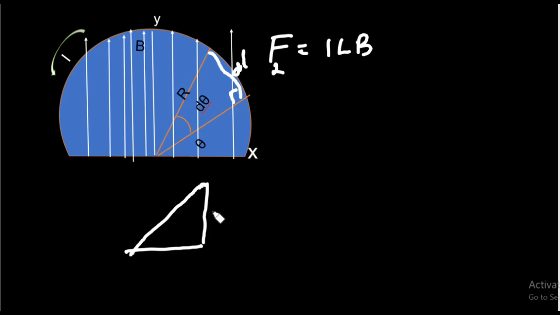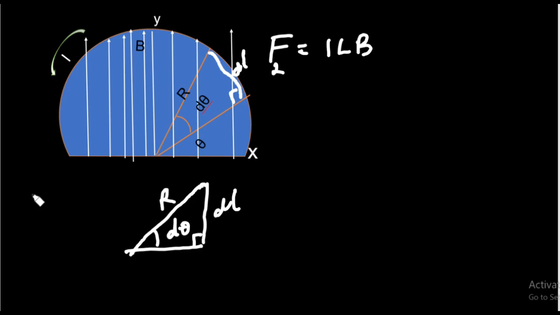So this is dL, this is the angle dθ, this is the angle 90 degrees here, and this is R. So we can say opposite over hypotenuse is sine.